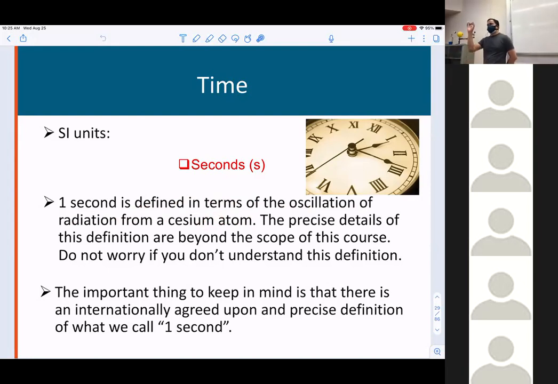So very, very precisely. So a bunch of quantum mechanics going on here. But in the end, this is the most sophisticated way of doing it. I'm sure in the old days when cavemen were around, it was like the amount of time it takes Bob to take 1 step or something. And that was a second. So we got more and more sophisticated. And now we're looking at oscillations of radiation from a cesium atom.